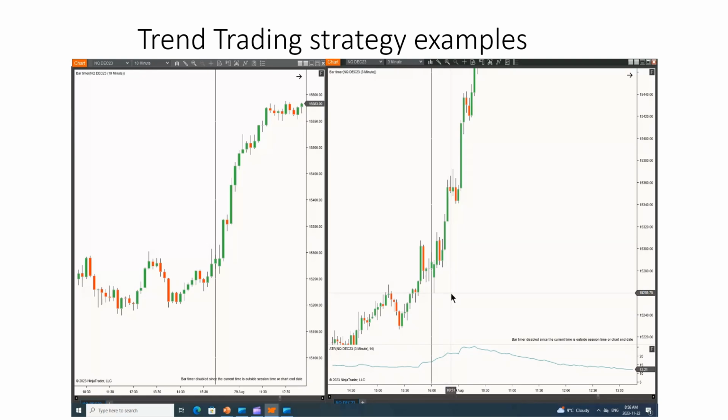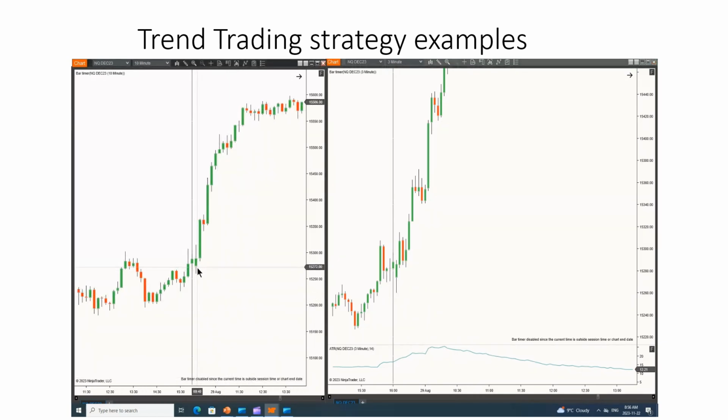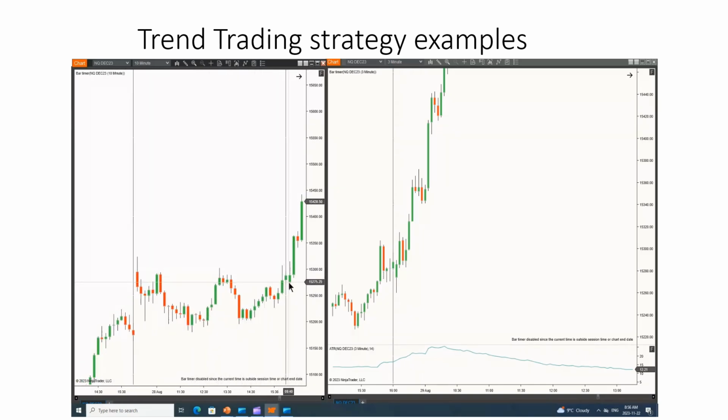I'll let you know guys how we use it to determine our profit target. Okay, so this is 29th August. Look at the date on the bottom of the chart. This is the 9:40 candle, 9:50, 10, 10:10.